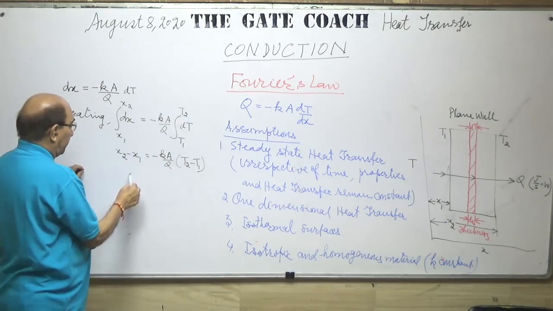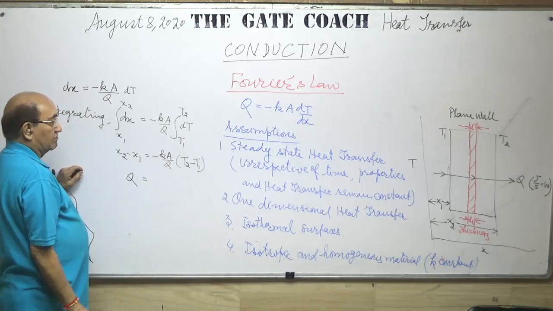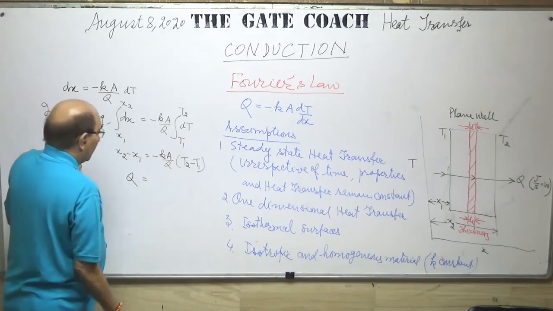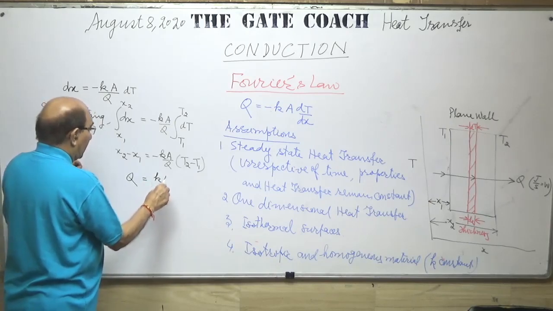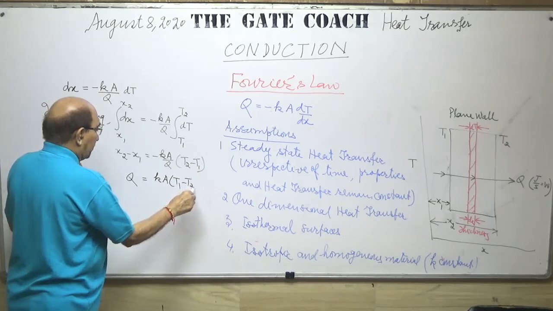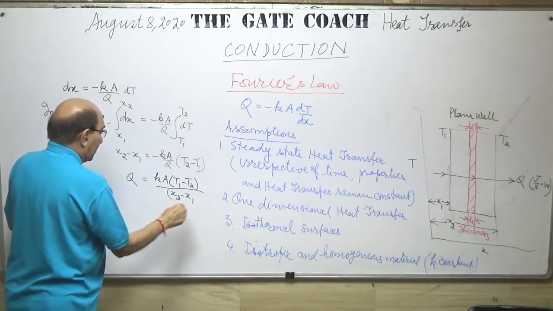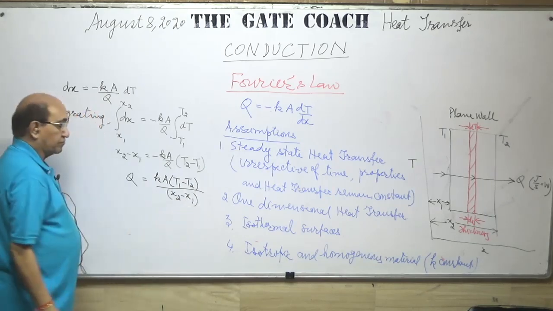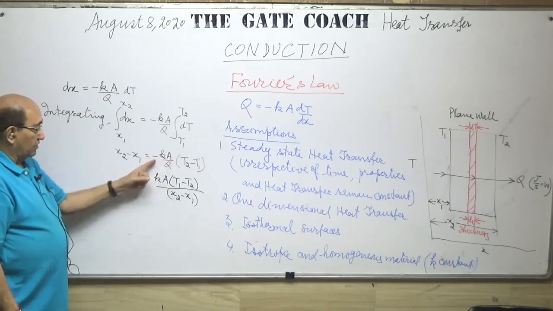We have to write q on this side. Then the terms are k a, T1 minus T2, upon x2 minus x1. Negative sign has been taken care of.